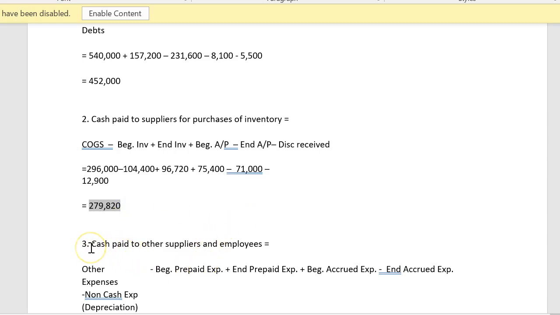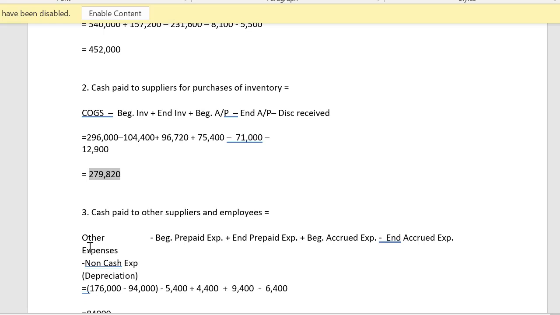All right, cash paid to other suppliers and employees. Now you're given other expenses, you need to minus non-cash expenses, mainly depreciation, minus beginning prepaid expense, plus ending prepaid expense, plus beginning accrued expense payable, such as salaries payable, rent payable, electricity payable, and you less ending accrued expense payable.